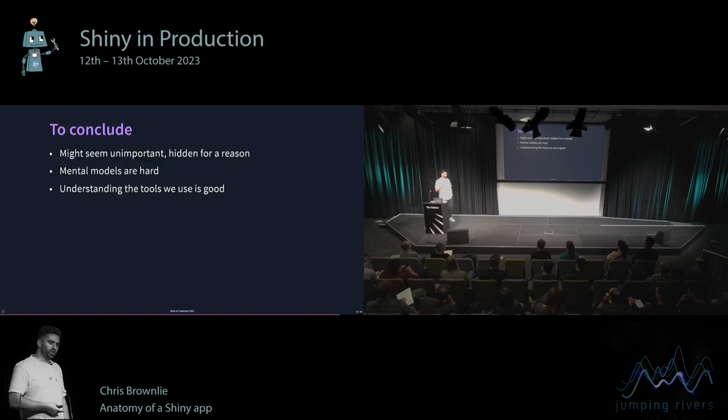But from my personal experience, having a good mental model is something that people struggle with the most. They can point out what functions they need to solve a problem, but understanding what those functions are actually doing under the hood is very useful and can help avoid some common pitfalls.